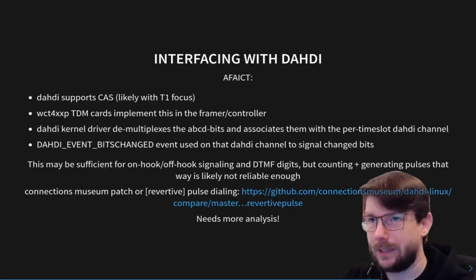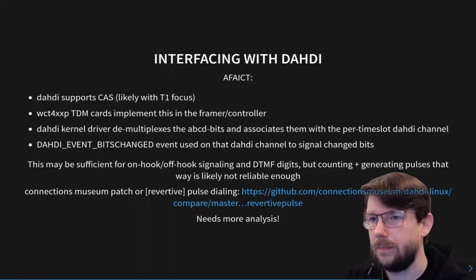For the digital trunk cards, or just for the analog ones? It never leaves the kernel space. It looks into these bits that come from the driver of the TDM card, and then already does the counting and generating pulses in a general manner on the ABCD bits. I don't remember how it's signaled, maybe also with an IOCTL, but the counting and the time-sensitive part can be done in the kernel.